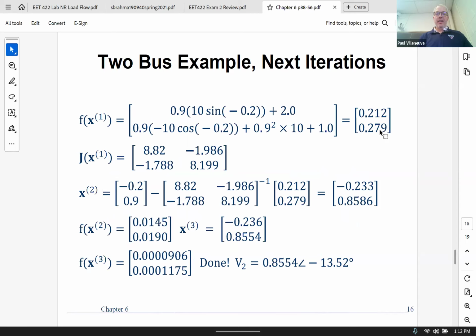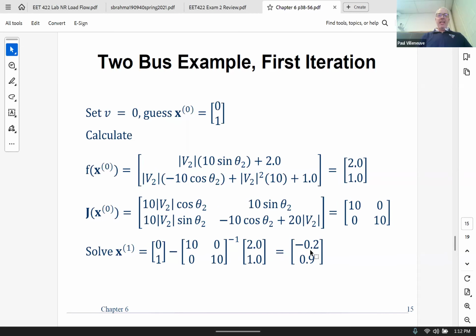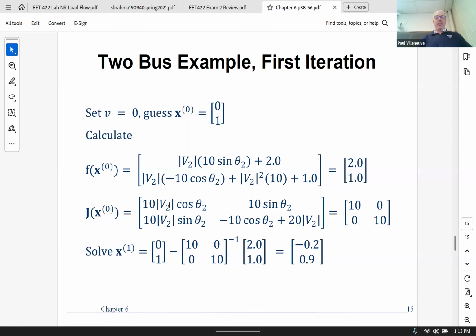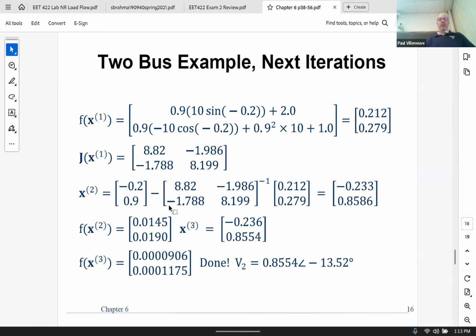If you plug in negative 0.2 and positive 0.9 for theta 2 and V2 respectively into this equation right here, 10 V2 cosine theta 2, you should end up with 8.82.